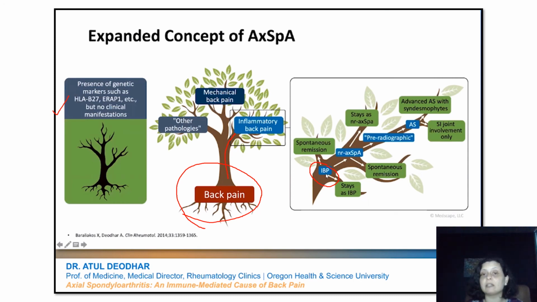They initially start as non-radiographic axial spondyloarthritis, which means changes can only be seen on the MRI, but some people progress to have damage even seen on simple radiographs, and then it is called radiographic axial spondyloarthritis. Some people go on to be more advanced, and they have those syndesmophytes and a bamboo spine. So basically, this is the concept of axial spondyloarthritis.